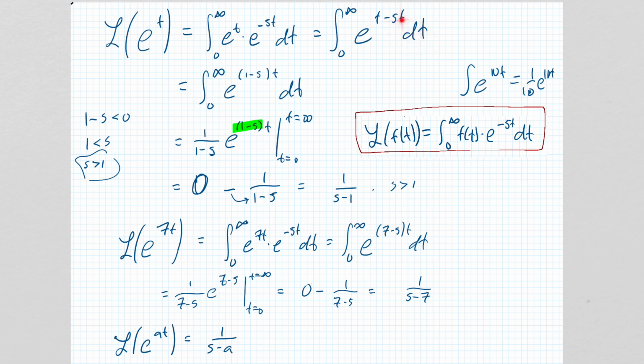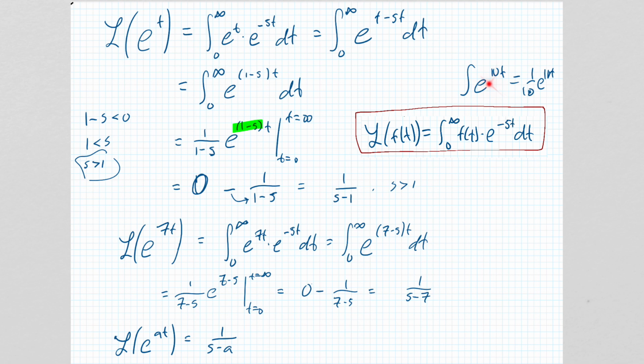From there, notice both of these have a t in them. I'm going to factor that t out. So it becomes the integral from 0 to infinity of e to the (1 minus s) times t dt. Well, that's a really quick integral to do, and it's very similar to this one right here.